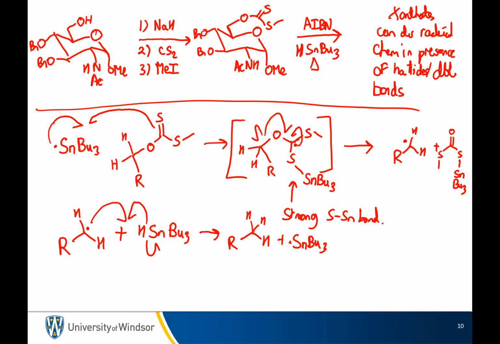And we regenerate the tributyltin radical, which can then go and find another xanthate. This is a ridiculously favorable reaction. This product over here is so stable, it's not even funny. And that's what allows us to generate what is considered a very unstable primary radical, because it's through decomposition. And that radical then reacts immediately to quench itself.